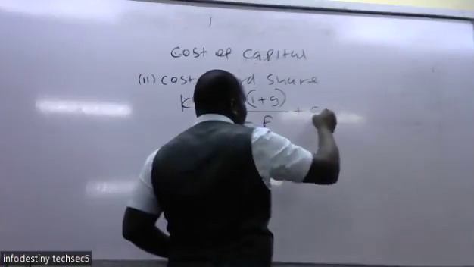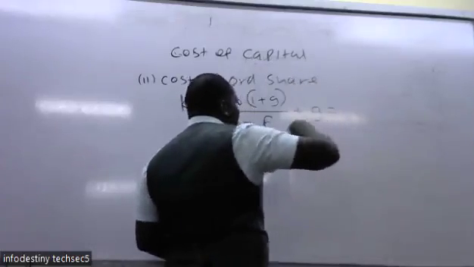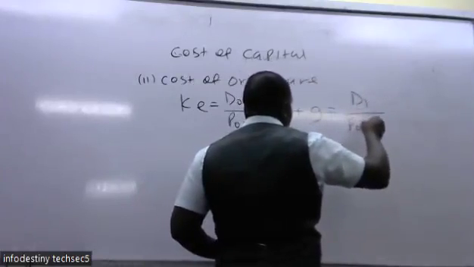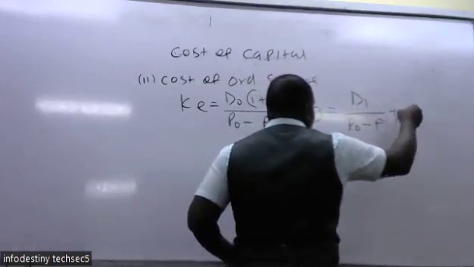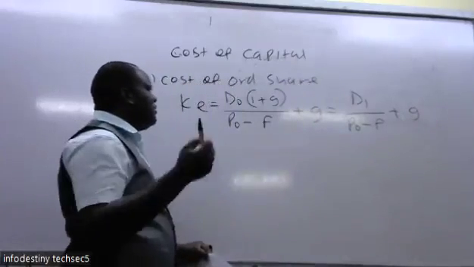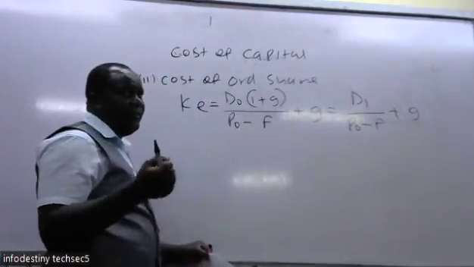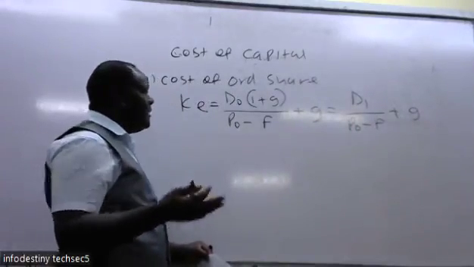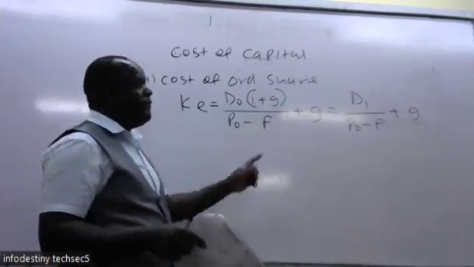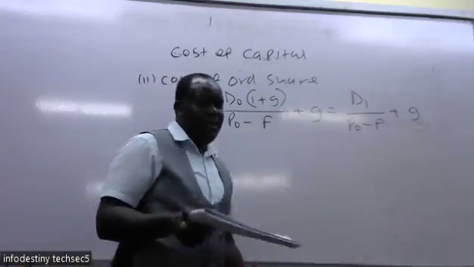Then we add G. So the same as we have done in the other part, it is now D1 divided by P0 minus F, plus G. The formula just remained the same as the one for the retained earnings. The only item you have subtracted is the flotation cost.